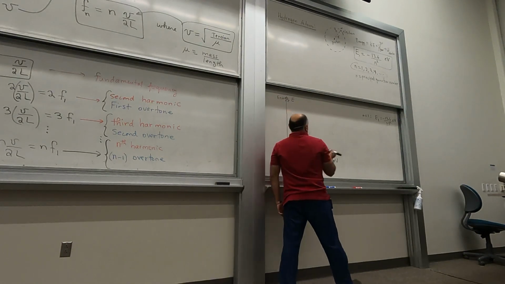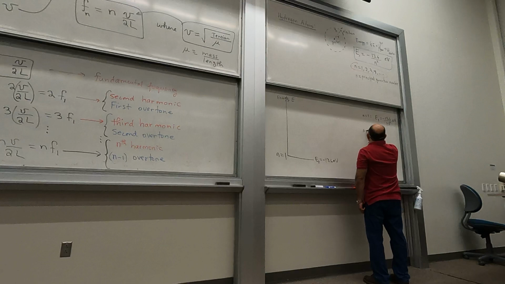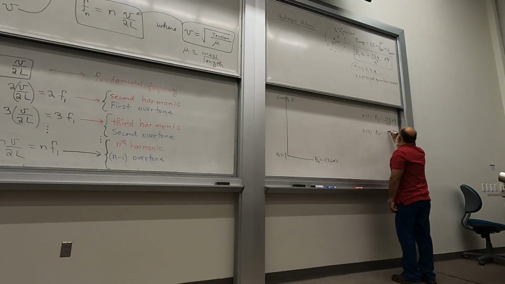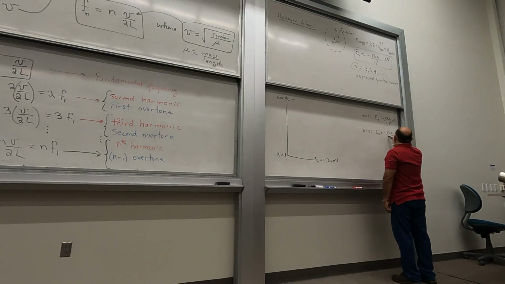And then, what if we have n equals 2? Then you write E2 equals minus 13.6 divided by 2 squared. Somehow, minus 3.4 rings a bell. You might want to check me on that.